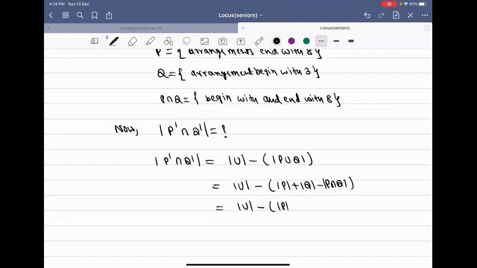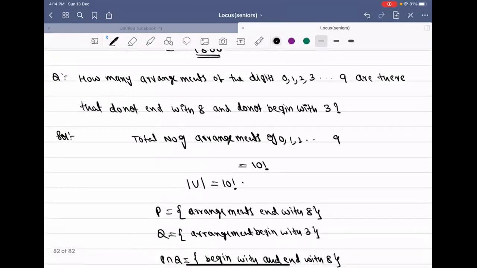This is the number of elements in P plus the number of elements in Q, minus the number of elements in P intersection Q. So now we will calculate. The universal set we already calculated: it is 10 factorial.